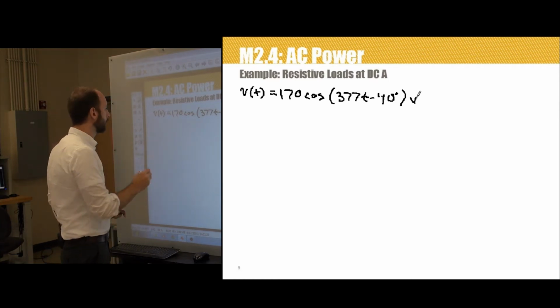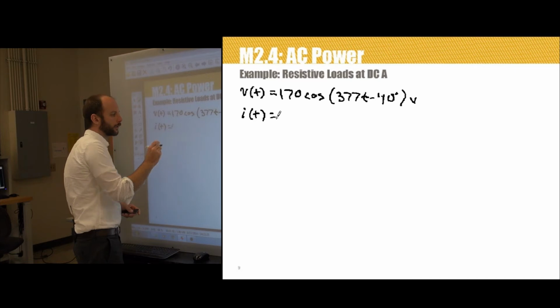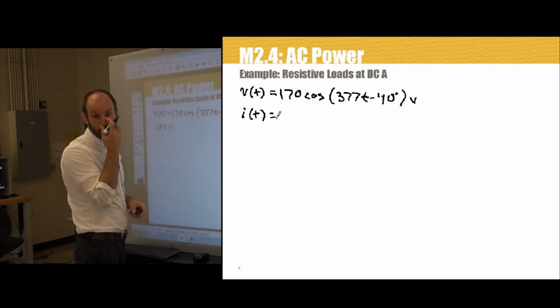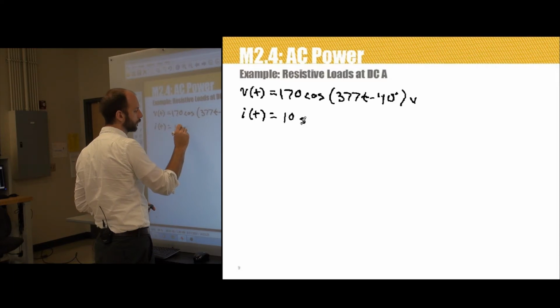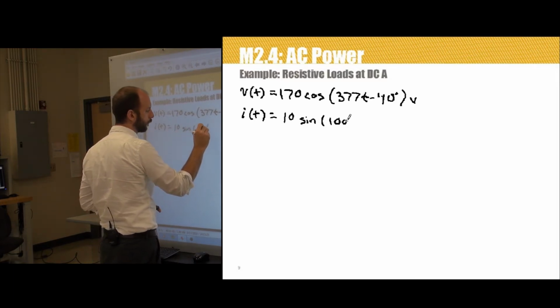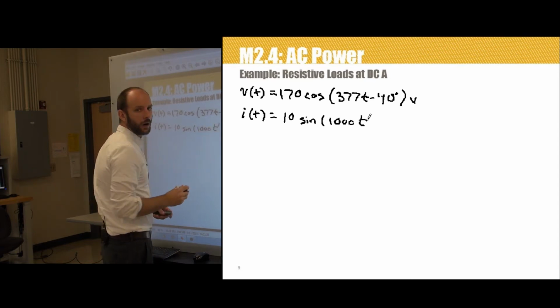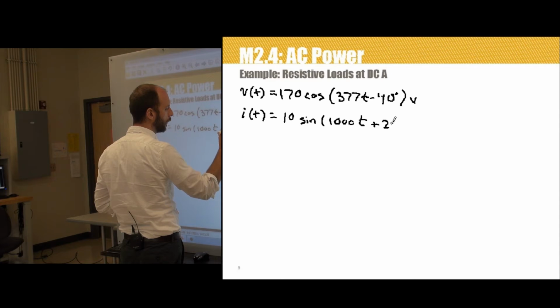And we had another one, the current waveform, I of t, and we're going to say that that is equal to 10 sine of 1,000 t plus 20 degrees.